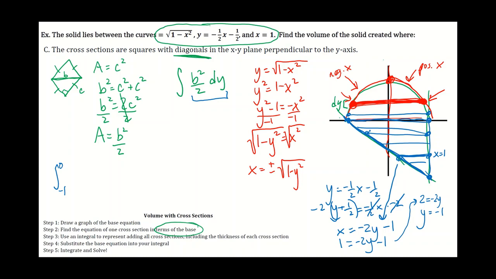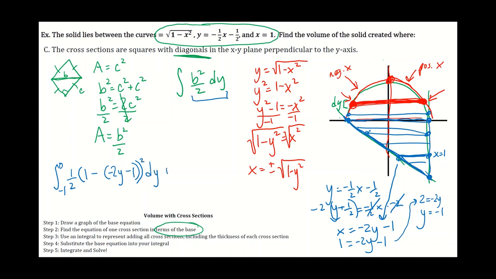So I'm just going to factor out the over 2 part. So 1/2 b squared. The b is quote unquote upper minus quote unquote lower. So negative 2y minus 1. So that's the base squared dy.